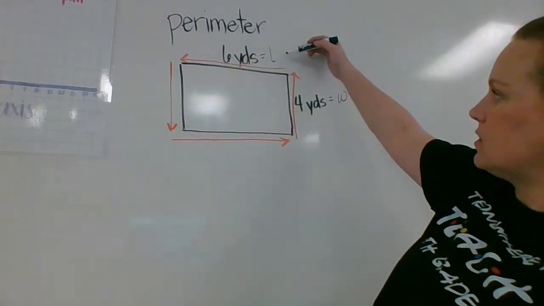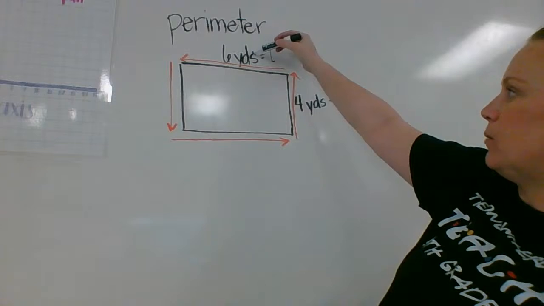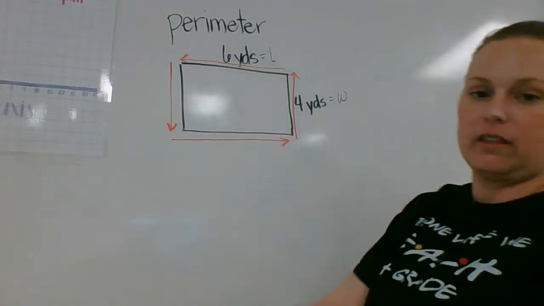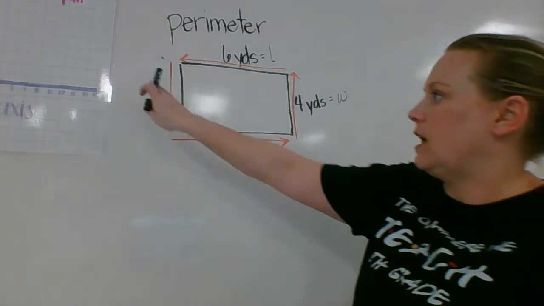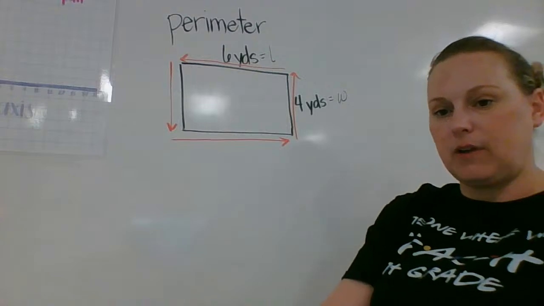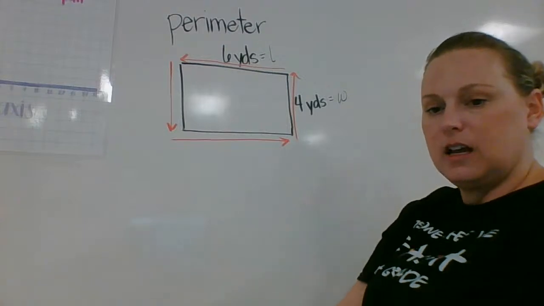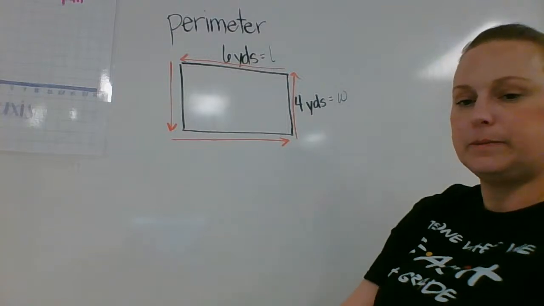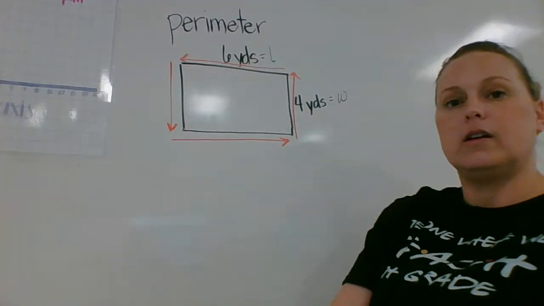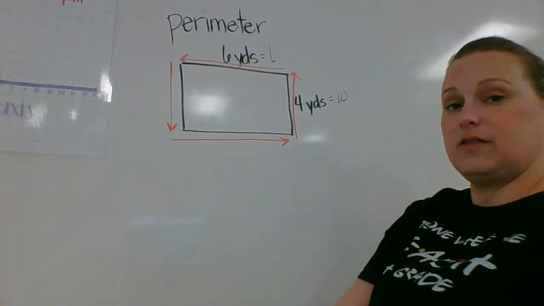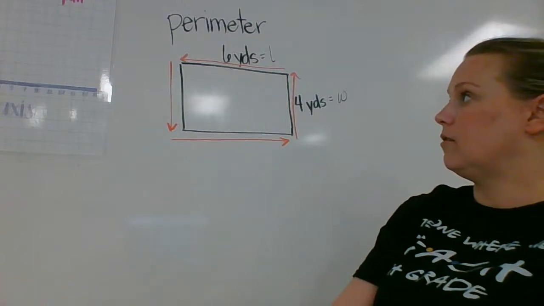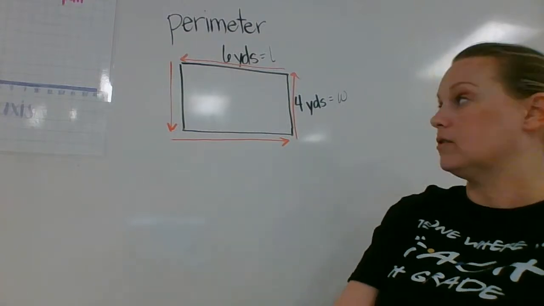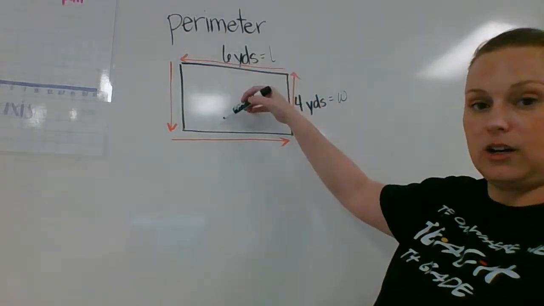All right, so I only have this width or this length and this width. How am I going to know this and this? If I'm going to add up all the sides, how do you know to add 6 2 times and 4 2 times? I think you guys are using your knowledge about rectangles to know that the opposite sides are congruent.